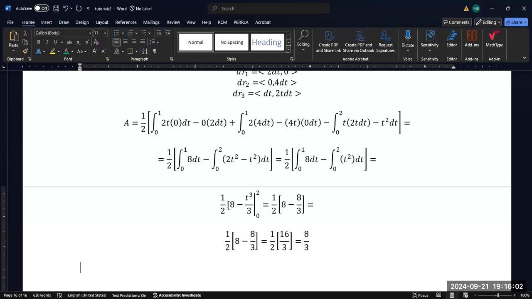But usually you want to choose the process that is the simplest and not a process that is overly complicated for that particular scenario. So we did this as an example just to show that yes, it does work. But that's not to say that if you're confronted with a problem, find the area under a parabola, that this is an ideal way to do it.